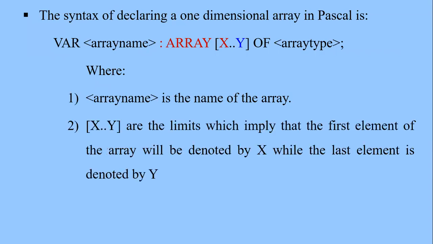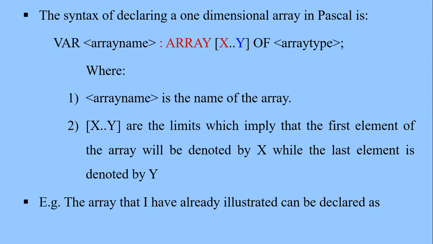The subscript x to y are the limits, which imply that the first element of the array will be denoted by subscript x, while the last element is denoted by subscript y. Subscript x simply refers to the first subscript for the first element, and y refers to the last subscript for the last element.